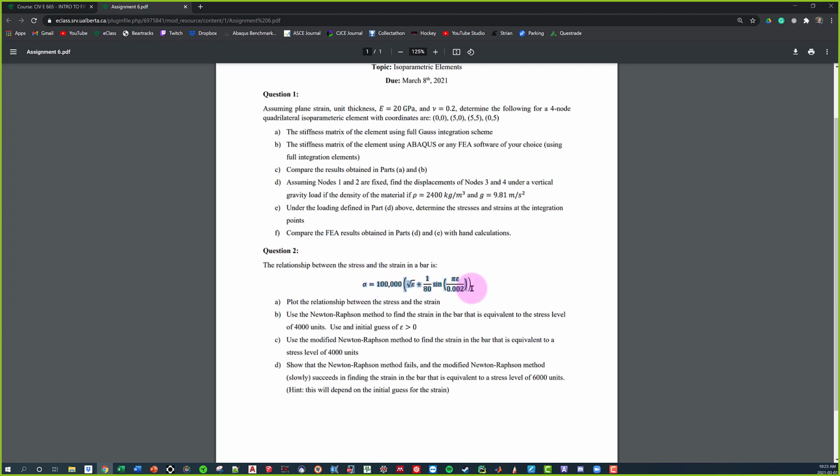We give you a nonlinear equation, single variable. We have one equation, one unknown, which is strain. Basically, we're going to use the modified Newton-Raphson method to find a desired value of 4,000 units of stress. And then we do the exact same thing for 6,000 units. So when it comes to question number 2, it should be a piece of cake.